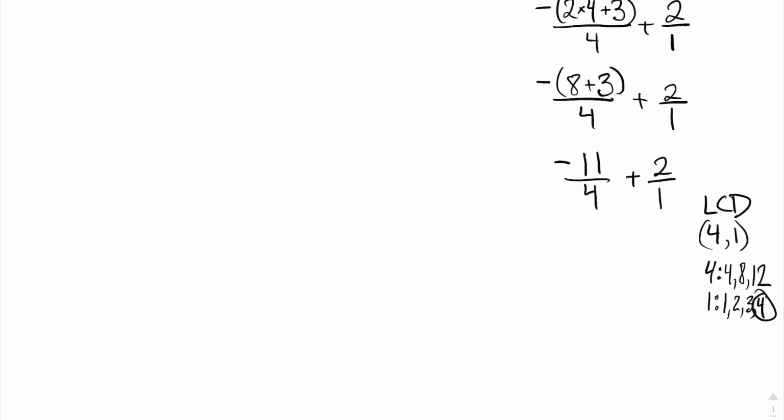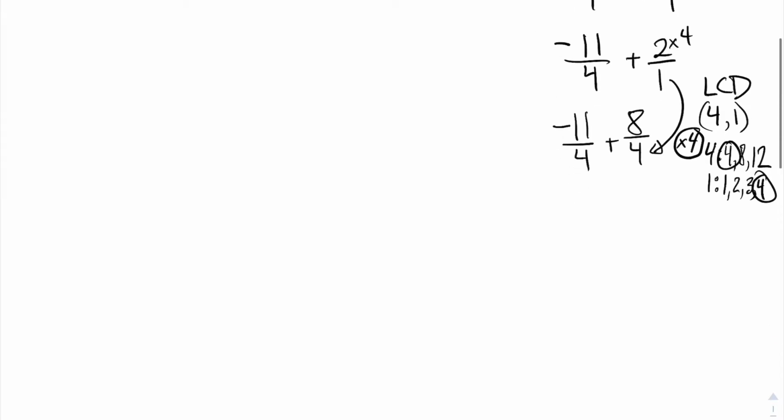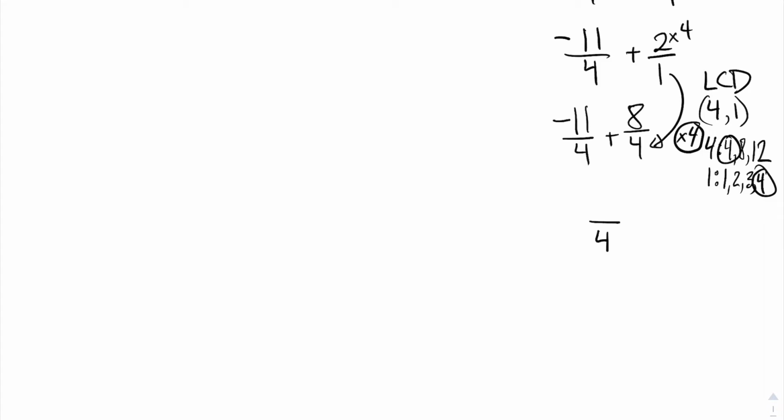Now that I see 4, that's my lowest common denominator. So from here, I will put the bottom of each fraction over 4. I didn't need to do anything to the first fraction because it was already over 4. But the second fraction, I need to make over 4. To get it over 4, I'll need to times it by 4, which means both the top and the bottom need to be times by 4.